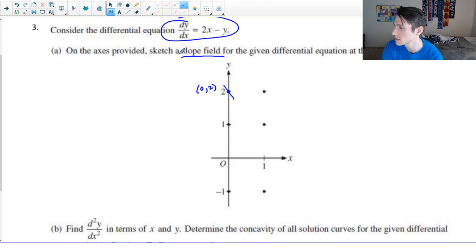So probably something like this. Let's go down to this point, (0, 1). 2 times 0 is 0, minus 1. So a little more shallow, but still a negative slope.